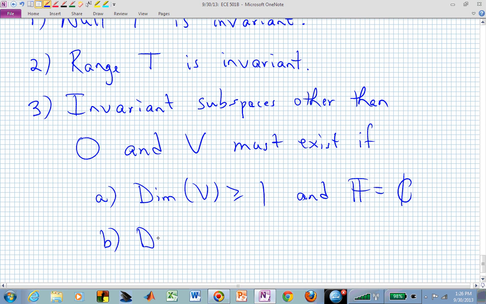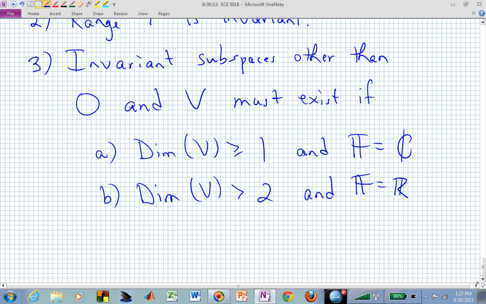If you restrict your field of numbers to be the real numbers, then we've already shown that we might have a 2 by 2 matrix or a two-dimensional vector space that gets operated on by a linear map T that doesn't have real eigenvalues.